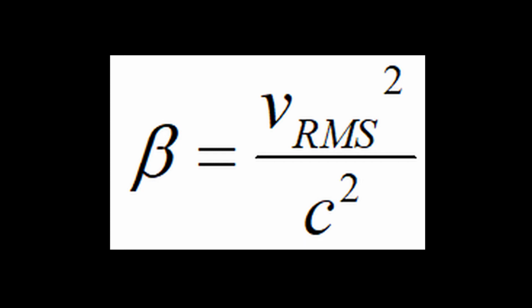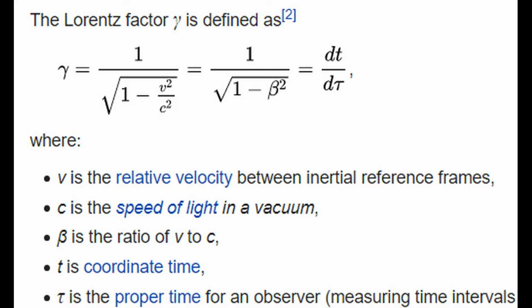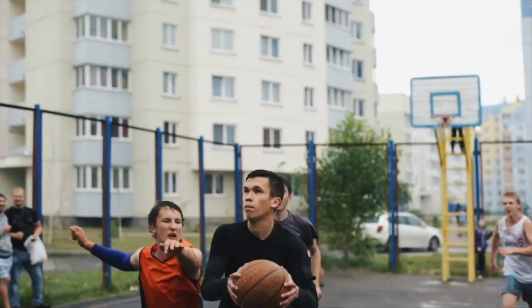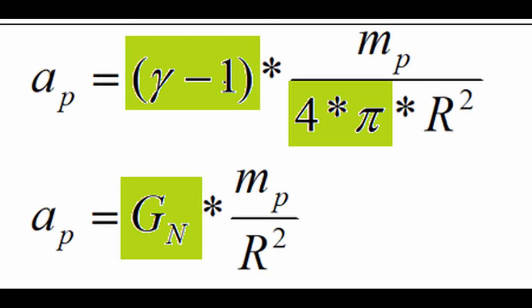So, it is the base for the gamma factor in the LTME and the base for the gravitational constant. Yes. Gamma minus 1 over 4 pi is equal to the gravitational constant. 12,278 meters per second is the velocity in the beta factor of the Lorentz transformation of mass-energy, determining the gravitational constant that rules the velocity of the planets and the velocity of falling objects.